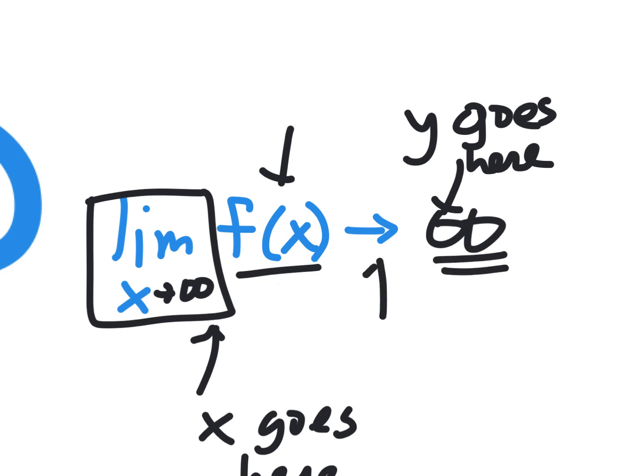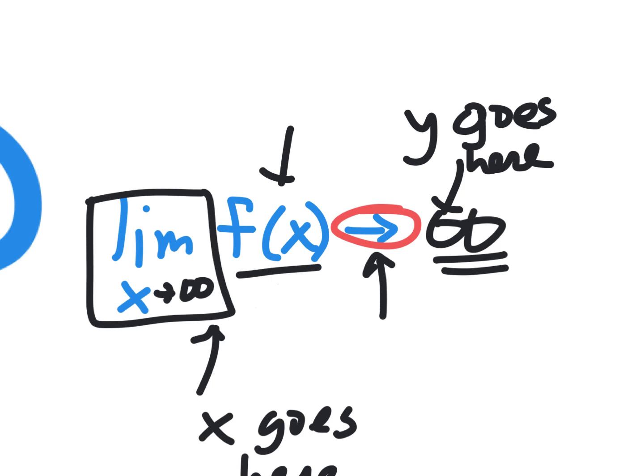This is the first year I was told this, but the AP test would take off points if you said equals infinity. Do you get that you can't actually be at infinity? You can get closer and closer to infinity though. So you're supposed to not have an equal sign there, you're supposed to have an arrow there.